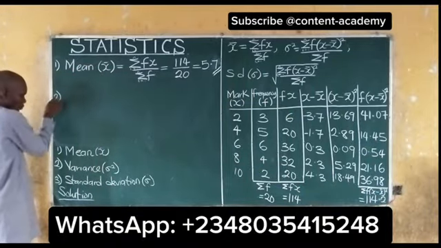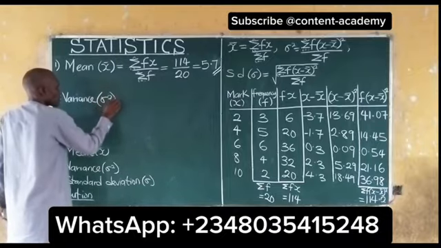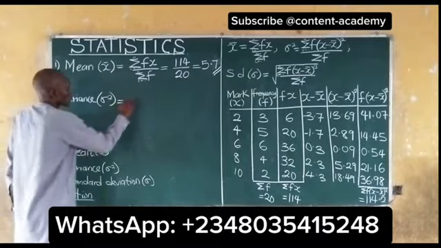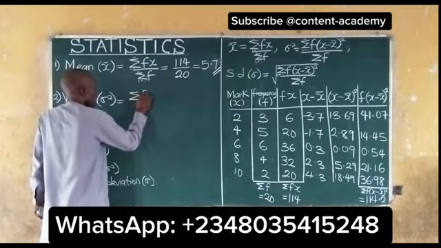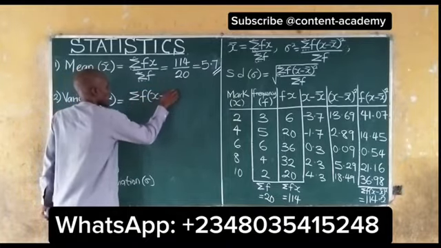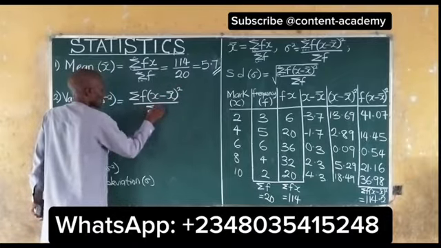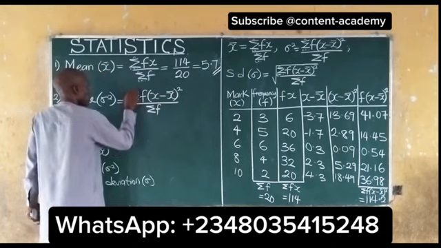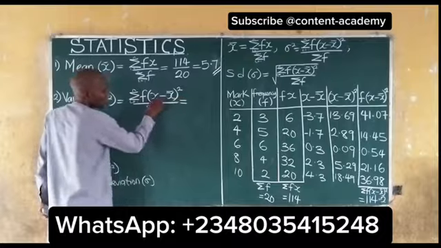Our number 2 said we should calculate the variance. The variance, which is sigma squared, will be equal to the summation of f of x minus x bar all squared, divided by the summation of f, as i runs from 1 to n. Now, what do we have for this?